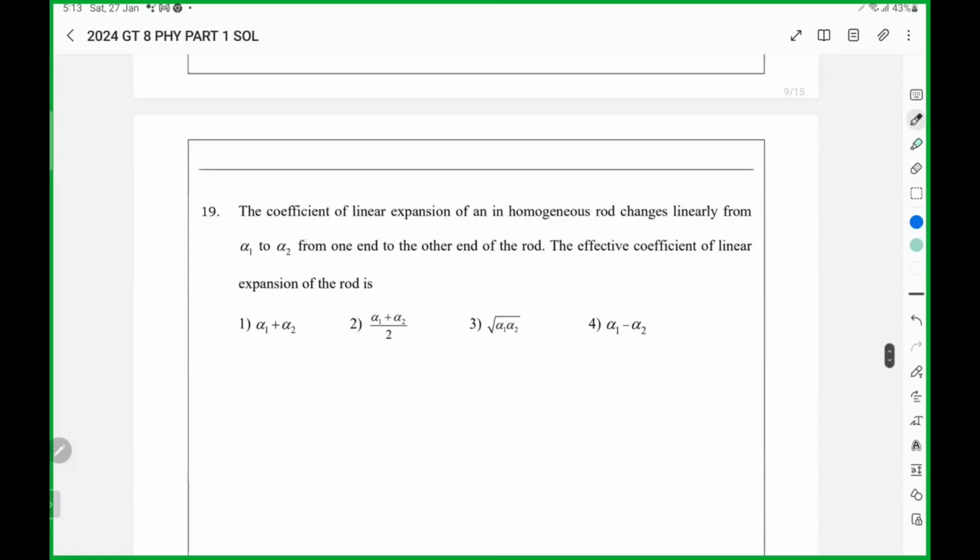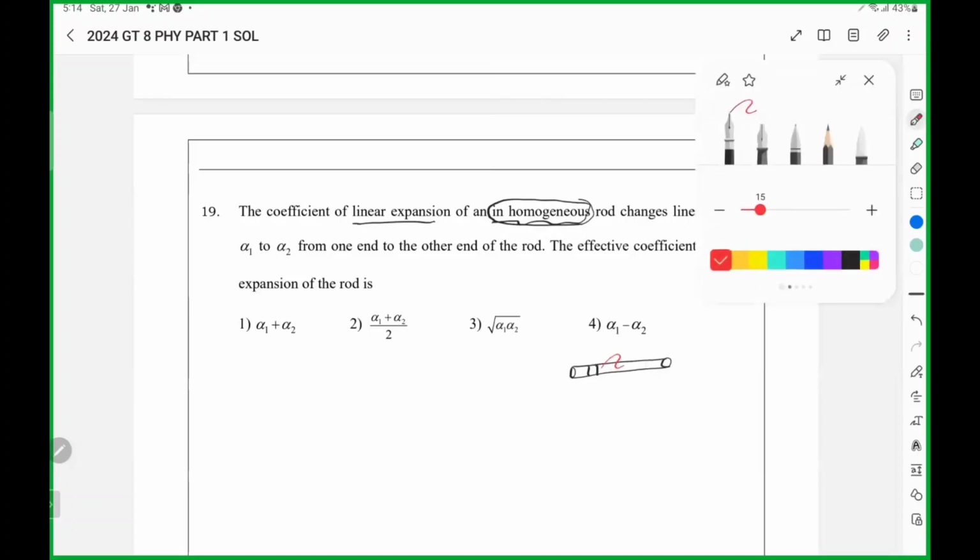Here, the coefficient of linear expansion is inhomogeneous. It's not homogeneous. Generally if it is a homogeneous rod, in this strip there is an extension of this much.